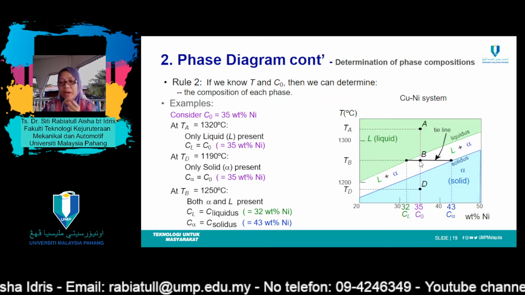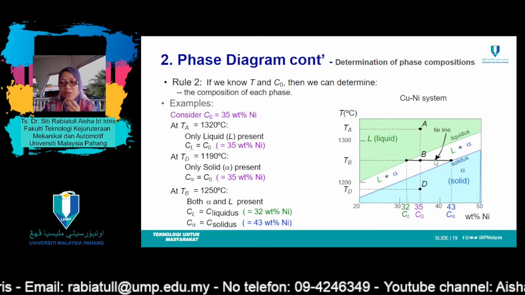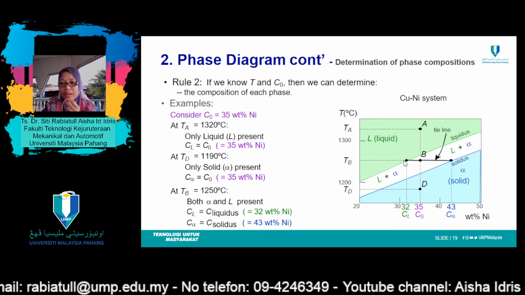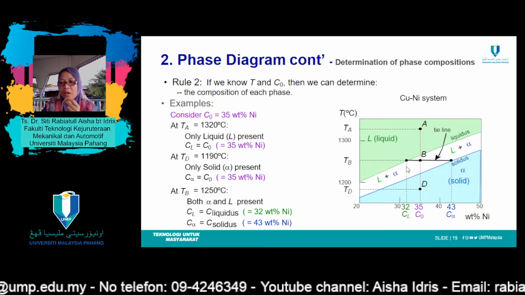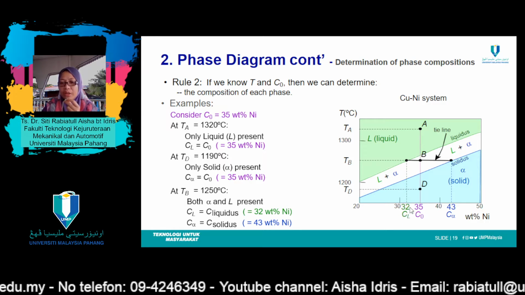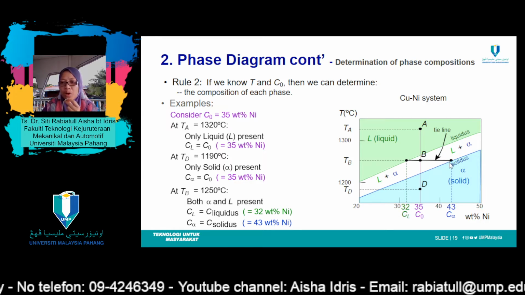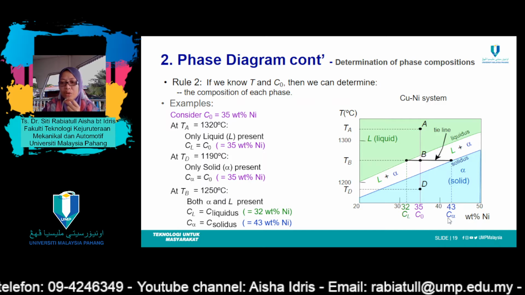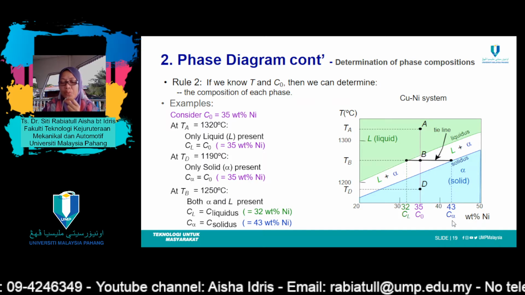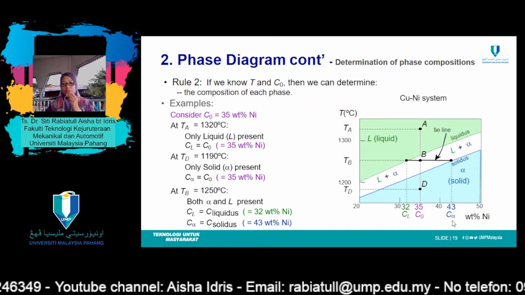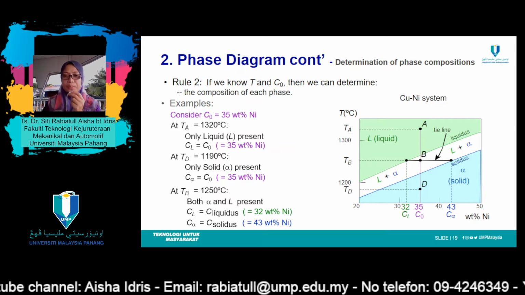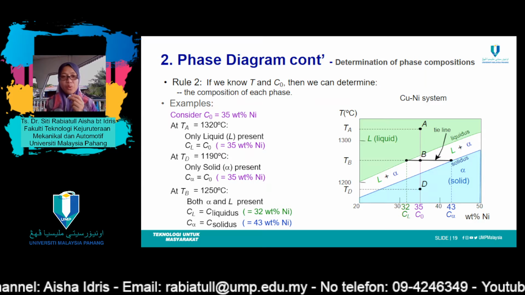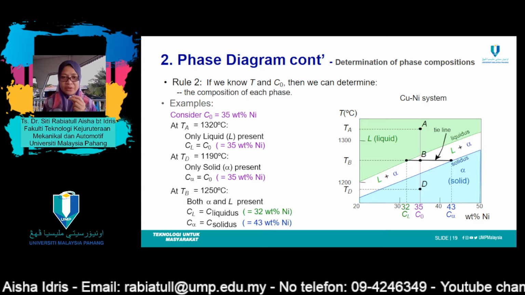By drawing a line reaching the solidus line and liquidus line. From there, we know the value of C liquid equals 32, while C alpha equals 43 weight percent of nickel. So that's how you determine the composition of each phase by following rule number two for the phase diagram.